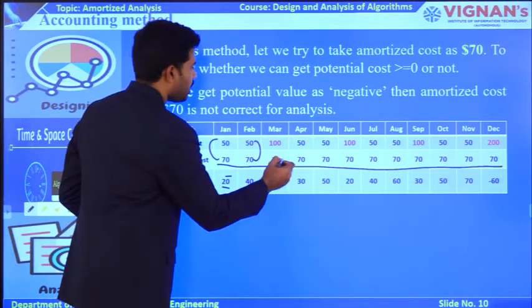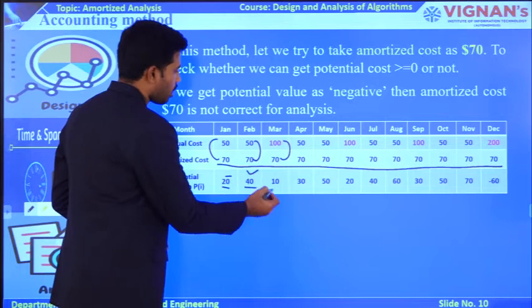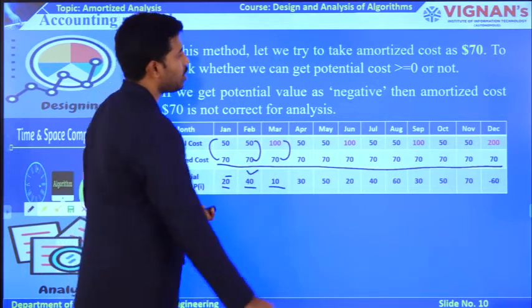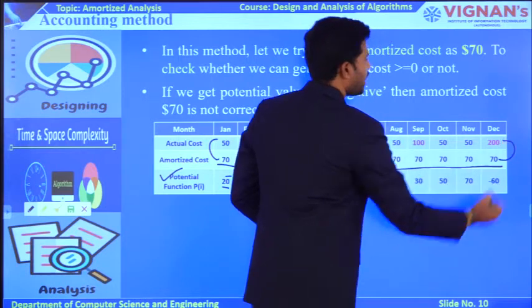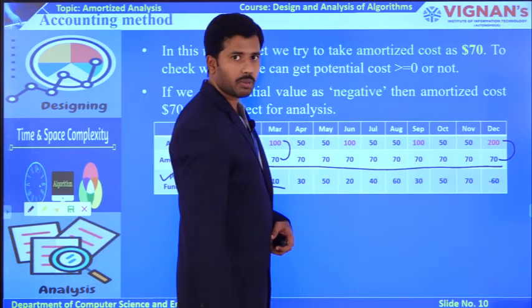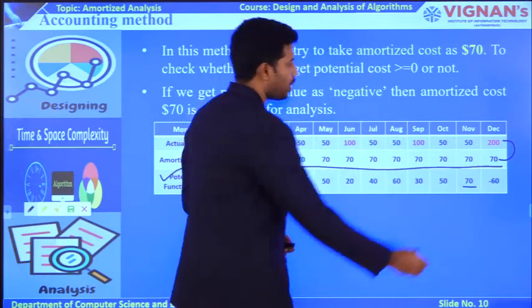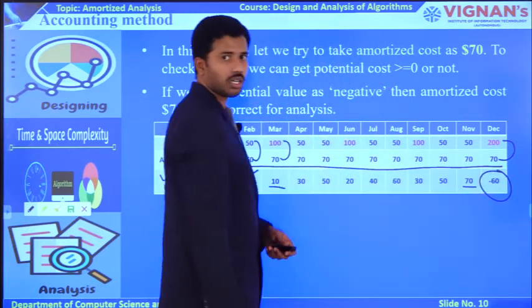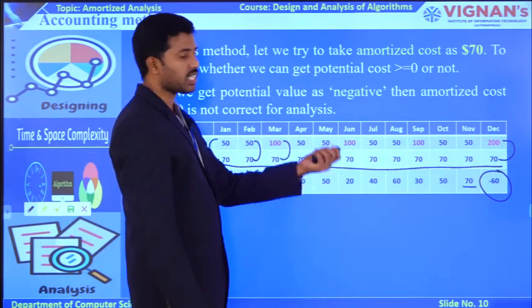Like 70 minus 100, which is minus 30. Minus 30 plus 40, which is 10. Likewise for December, you have 70 minus 200, which is minus 130, minus 130 plus 70, which gives minus 60. Here you got the potential function for the last month as a negative value.